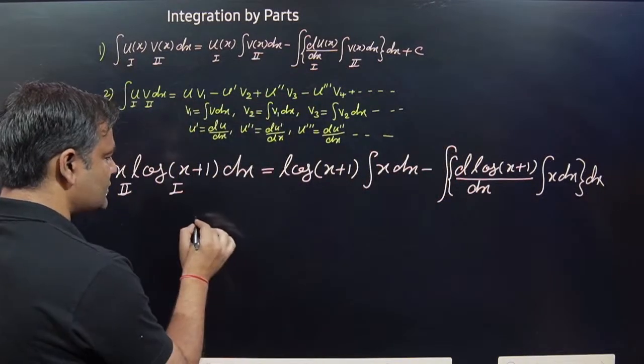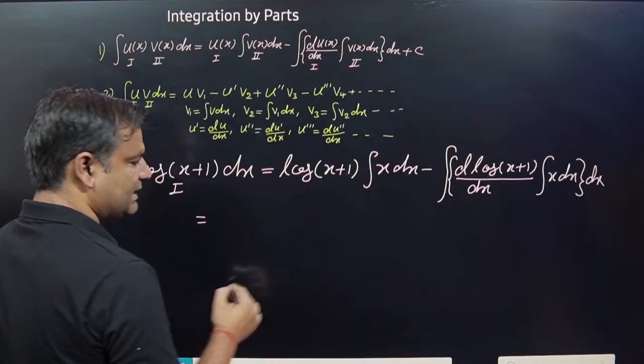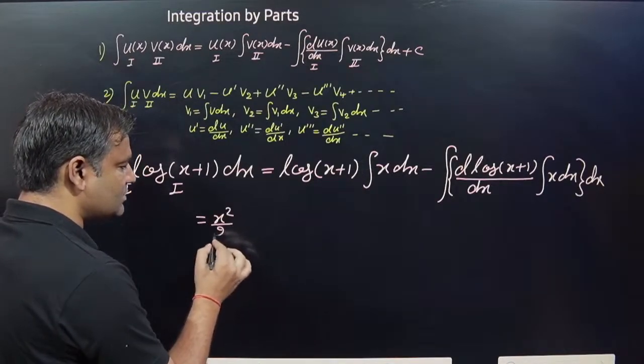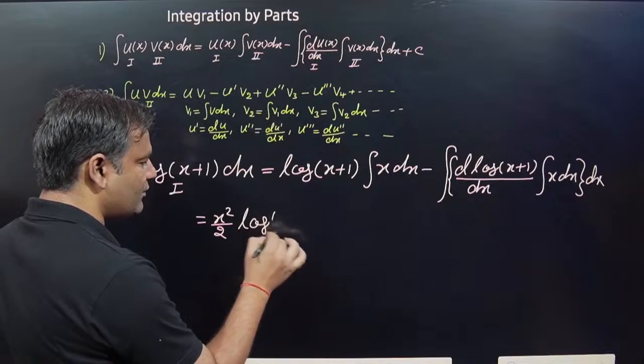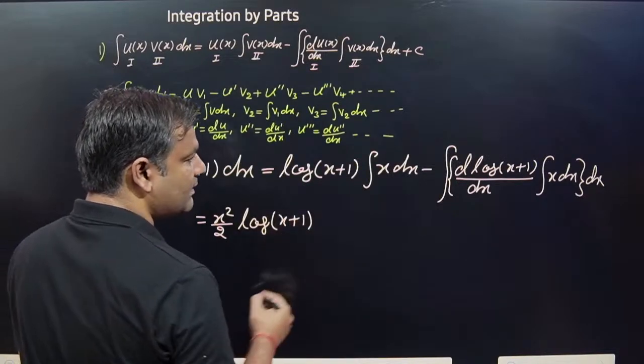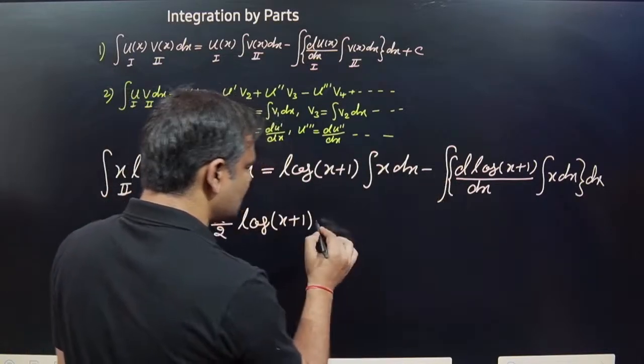Clear? So what about that value? The integration of x is x square by 2. So x square by 2 into log of x plus 1. Okay. What about that value?